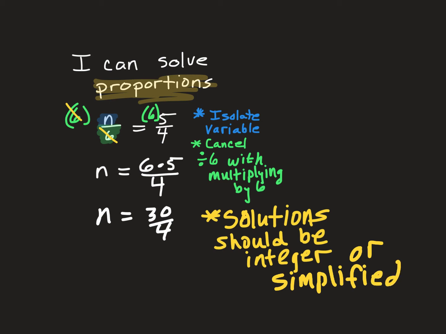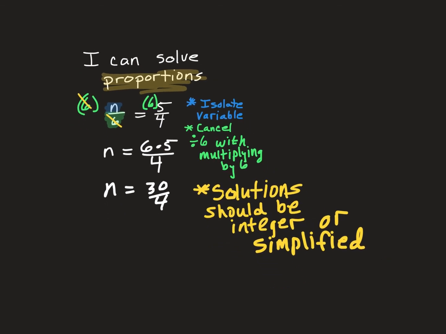Remember, in algebra, we like fractions, especially next unit when we start graphing lines. We need fractions. We got to have fractions in our life because that's where rise over run comes from. So I want you to get in the habit of using fractions on a regular basis. So solutions should be an integer or a simplified fraction.